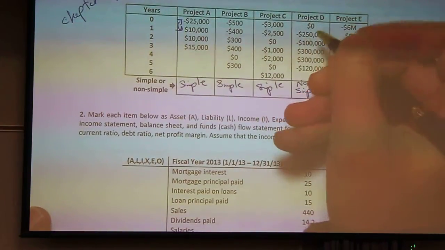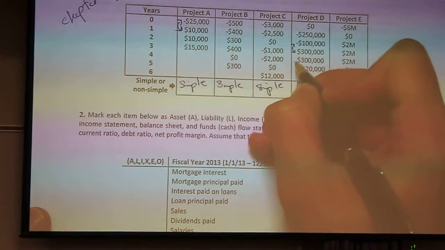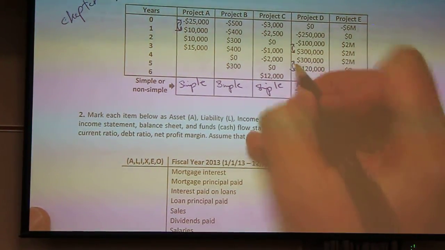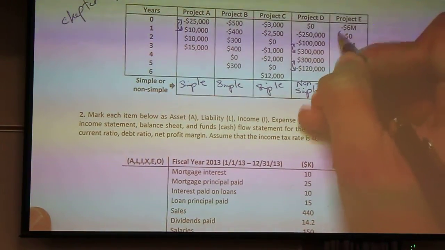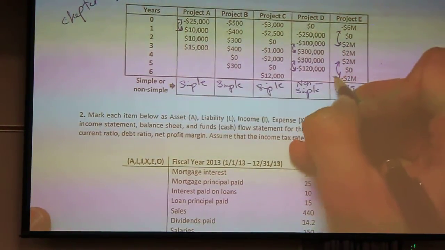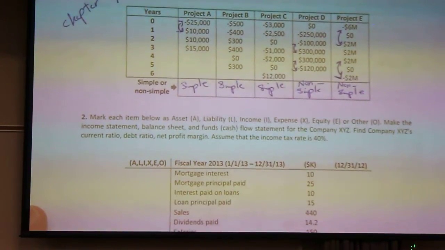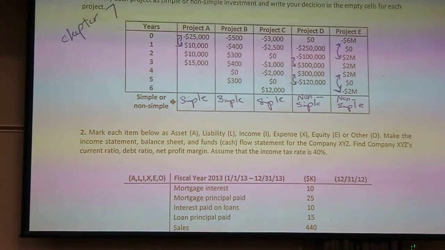Here we have one here, one here. Non-simple, non-simple, simple, simple, simple. Is there any other way that it could be non-simple outside just the one sign change? I don't think so.